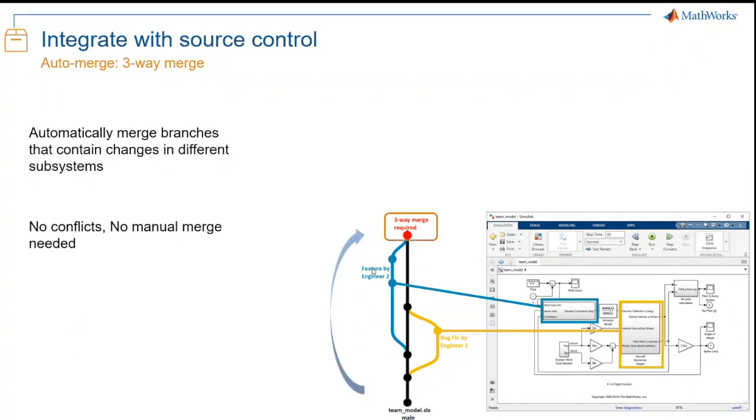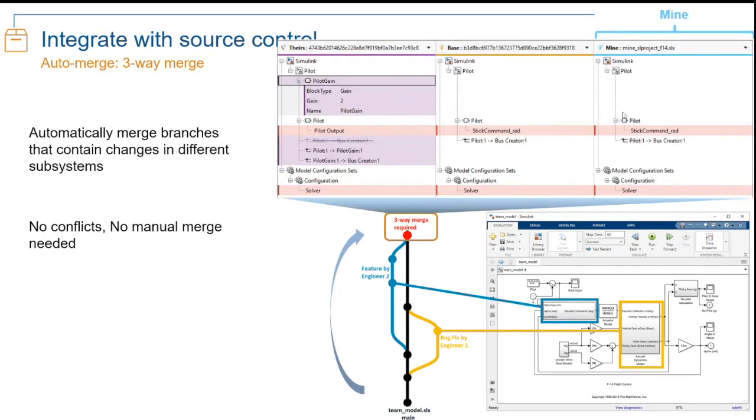With the three-way merge flow, you can visualize the changes that you have made. Suppose these are the changes I have made, and I have a base file from where I started, and I can also compare with my colleagues or teammates.